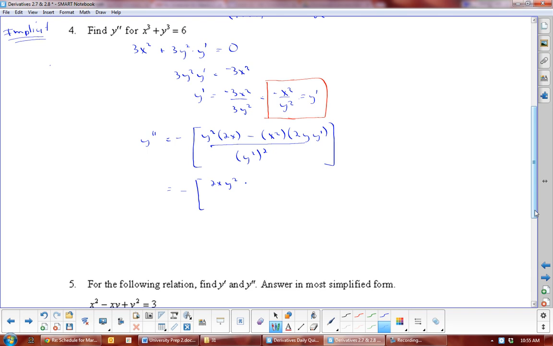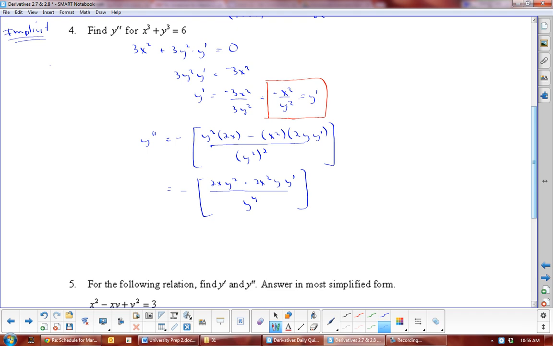And then 2x squared y, y prime, all over y to the 4. You don't have to, right? Because actually, you could even do that, right, if you had to, right? But we're not done yet.